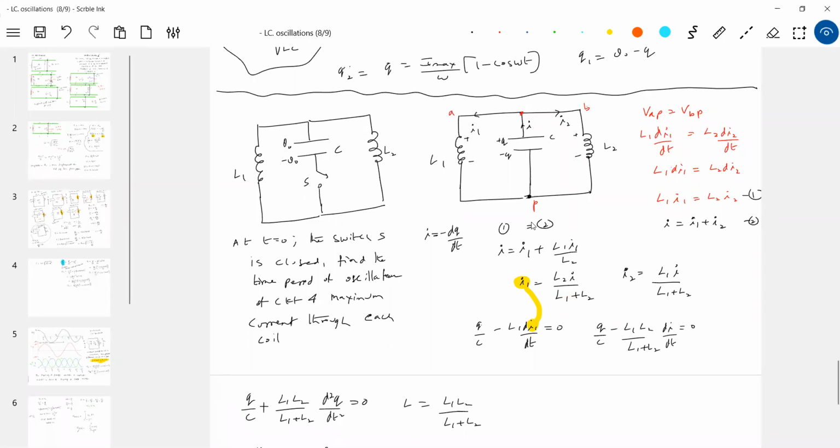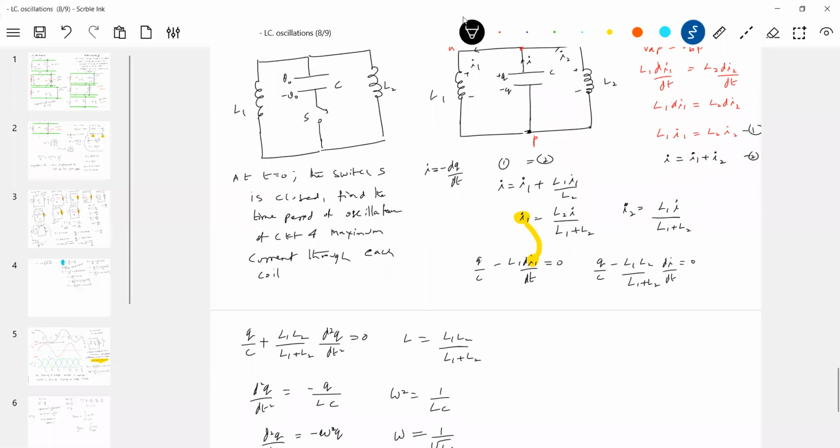If I replace these two inductors by one equivalent inductance L, then according to the LC oscillation circuit, I max should be equal to Q naught omega. I'm straight away getting into the concept.